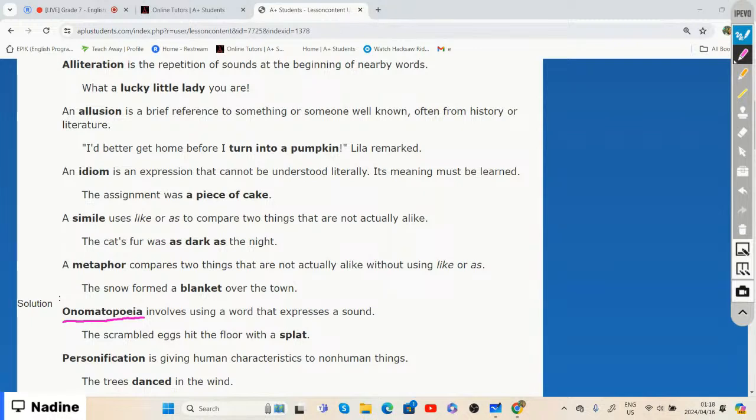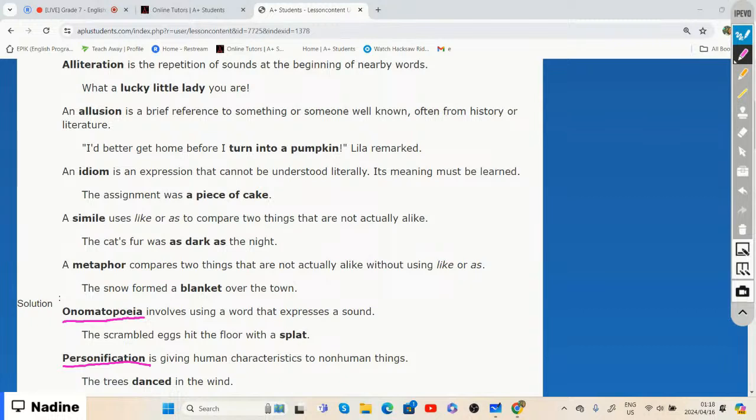All right, and then we have personification. Personification is giving human characteristics to non-human things. For example, the trees danced in the wind. Depending on how the wind is blowing, the trees are moving from side to side.